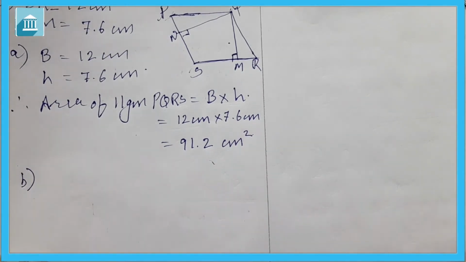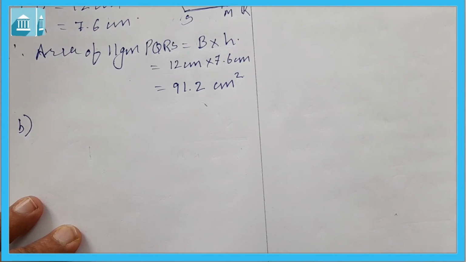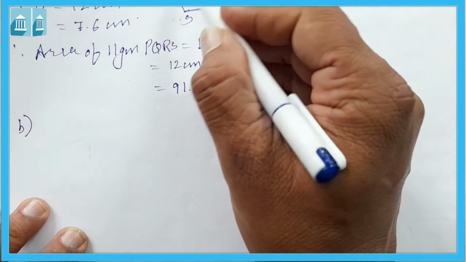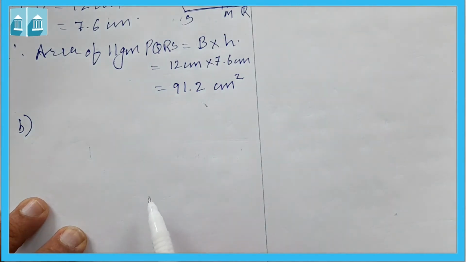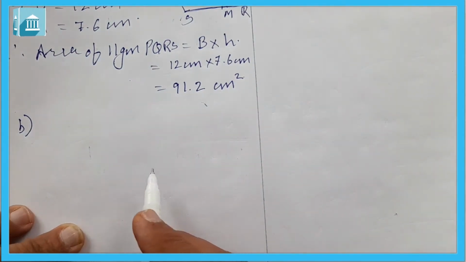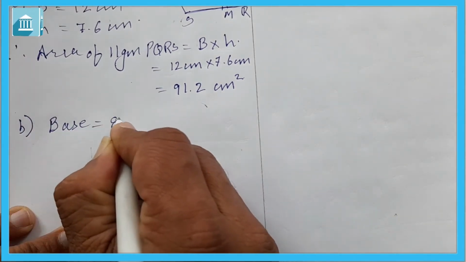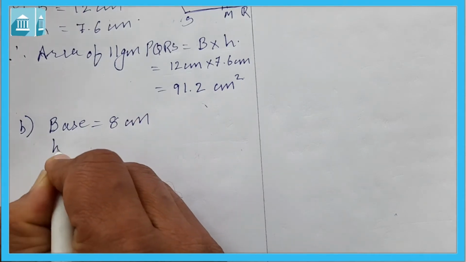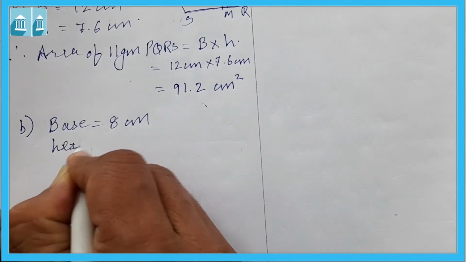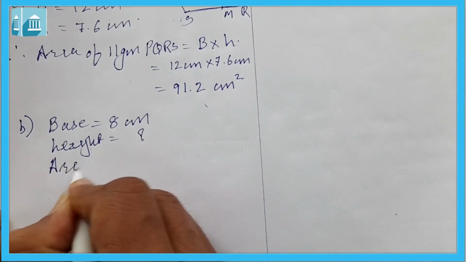Then in B here it is given that find QN, means we have to find out this QN. If base is equal to PS is equal to 8, means base is given here, base is given 8 centimeter, height we have to find out. Area of parallelogram will remain same.